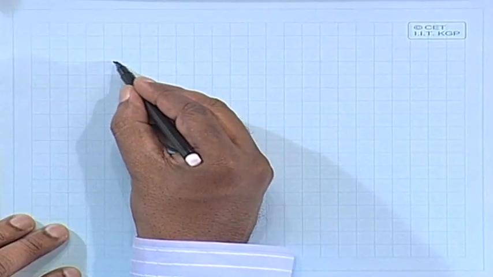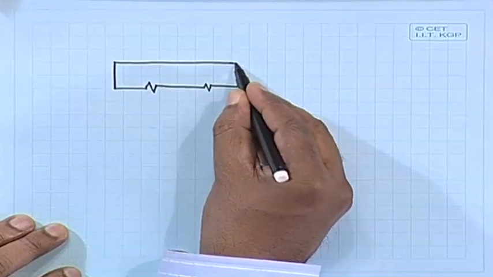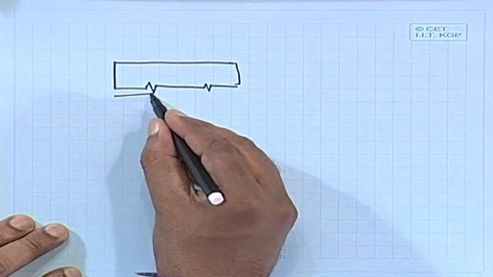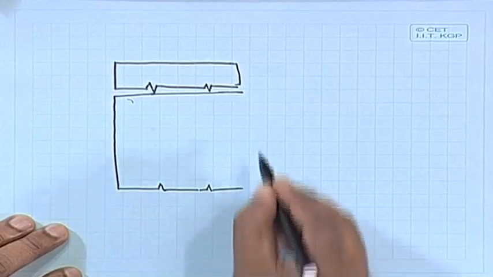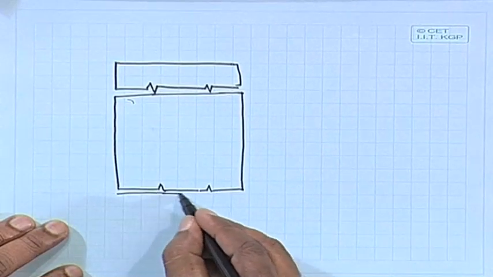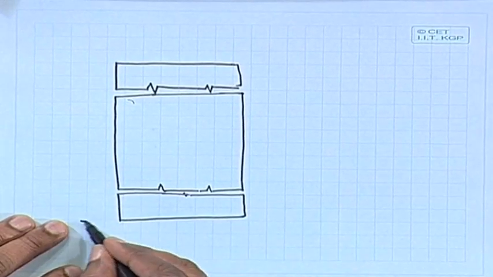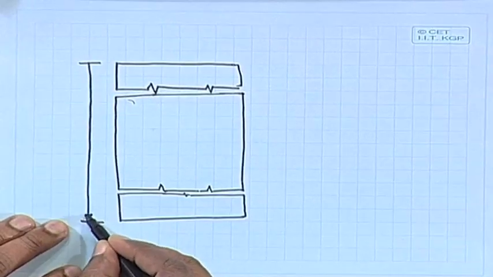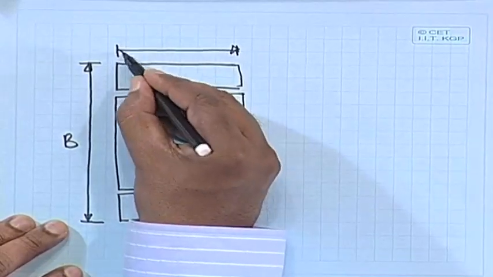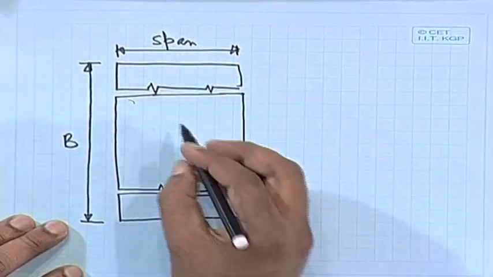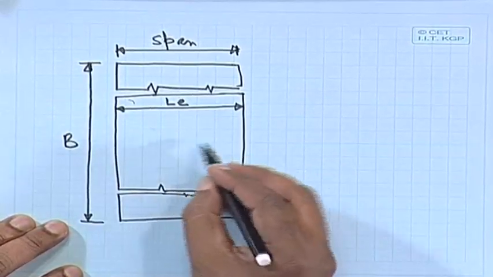So, I can further write down, as a continuation. Let us say this length is B, and this is your span, the effective span LE, and we have a certain impression here.